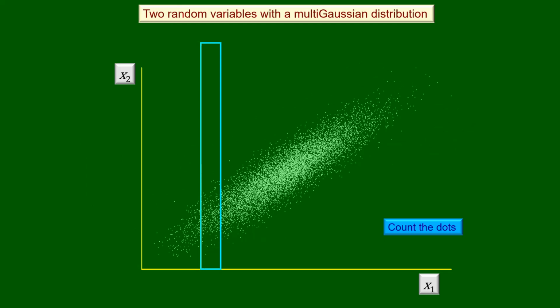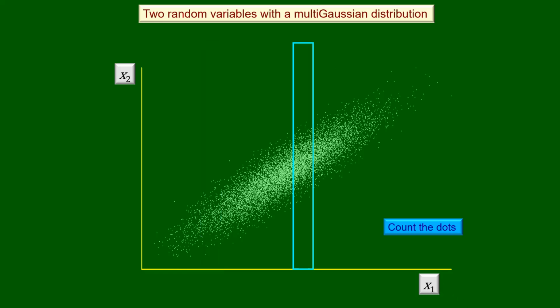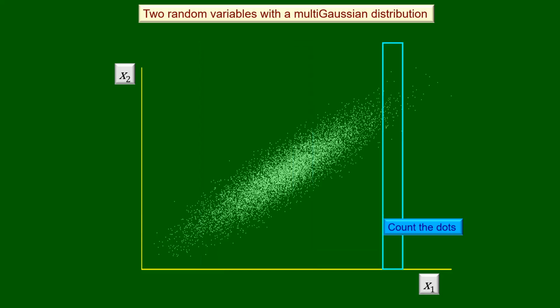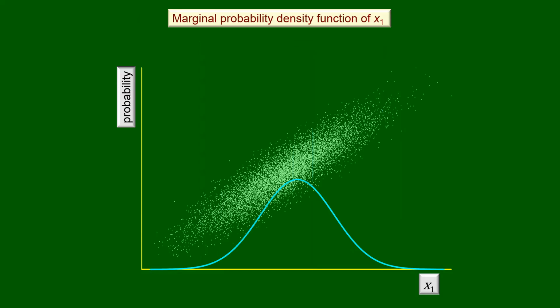Now let's look at x1 and x2 individually. Suppose that I want to come up with the probability density function just for little x1. So notionally I'd count the number of dots under each of these rectangles, and there is my so-called marginal probability density function for x1. This is the probability density function where I don't care what x2 is, it's just x1 on its own.